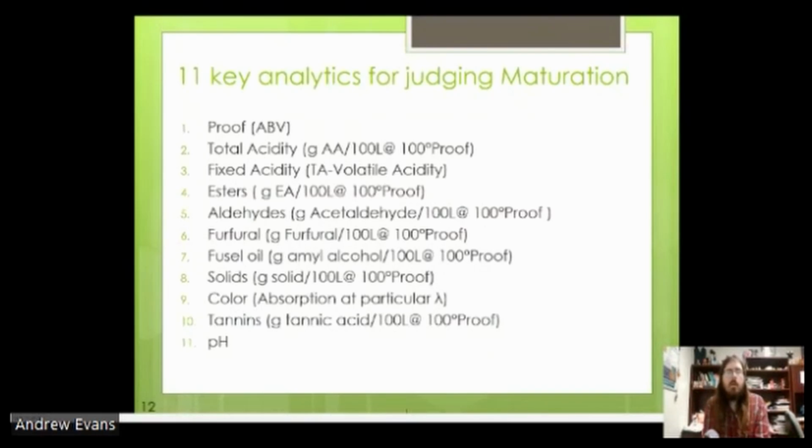Now, technically, according to my one source, there are 11 key analytics for judging the degree of maturation. One is the proof, which is alcohol by volume. Two, the total acidity, measured in grams of acetic acid per 100 liters. Three, the fixed acidity, which is the total acidity minus the volatile acidity.